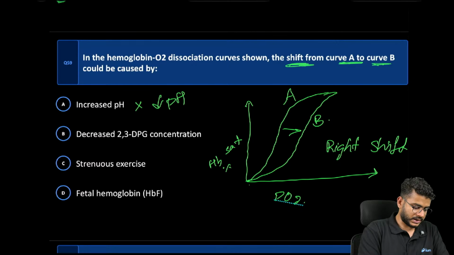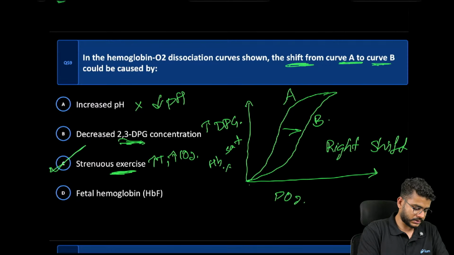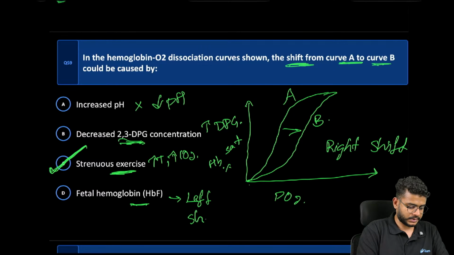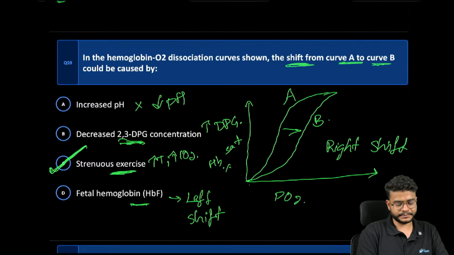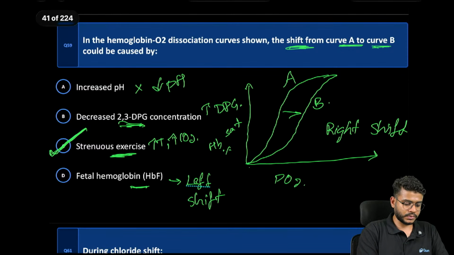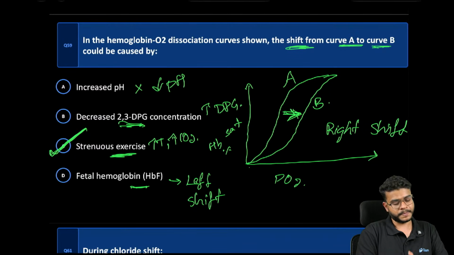Decreased diphosphoglycerate? No, there is increased diphosphoglycerate. Strenuous exercise? Yes, there is increased temperature, increased carbon dioxide, etc. So that is the correct option. Fetal hemoglobin causes left shift. Clear? Just know what the shift is, and we know the factors causing right shift and left shift.